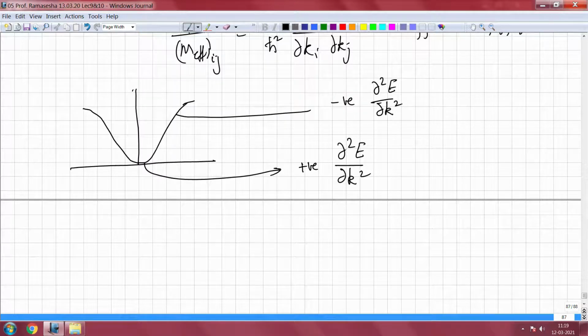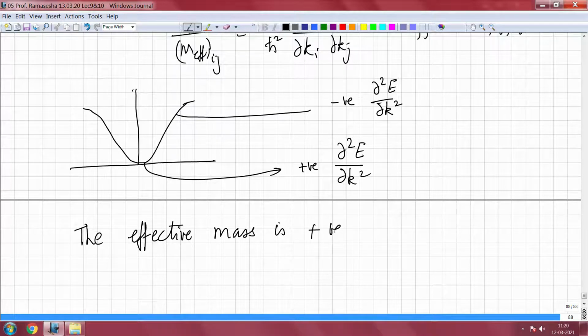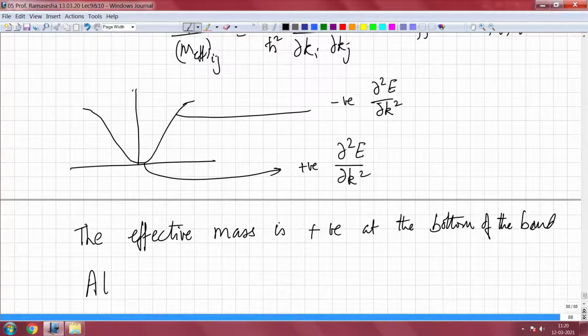So, it appears to mean that the effective mass is positive at the bottom of the band and as we keep moving up the band, at the top it becomes negative.